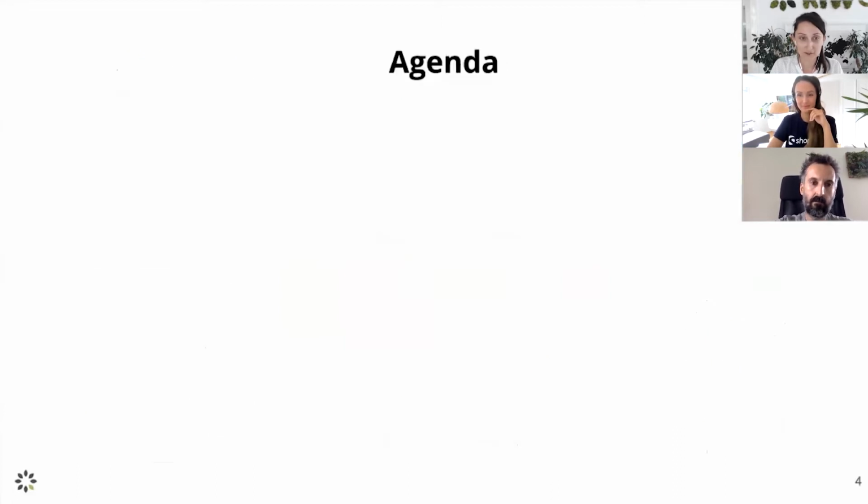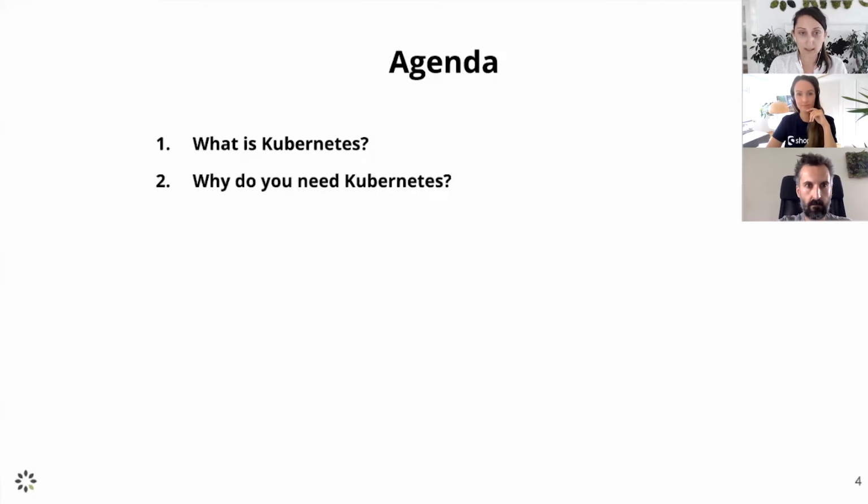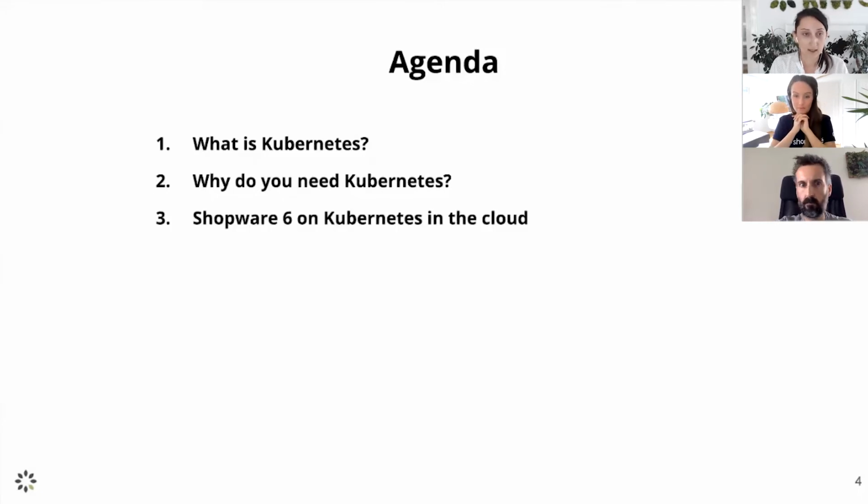Let's jump into the agenda, since we have a lot of work today. I would like to introduce you to the basics of Kubernetes. After that, let's discuss why you actually need Kubernetes. The next one is our proof of concept, Shopware 6 on Kubernetes in the cloud.